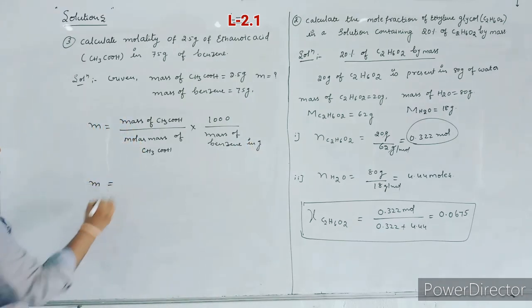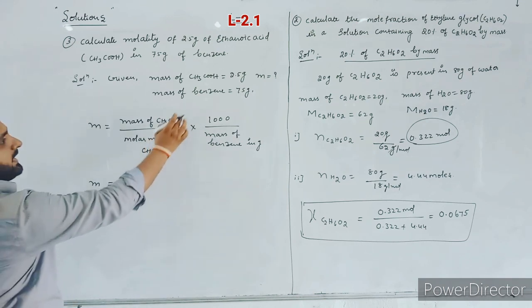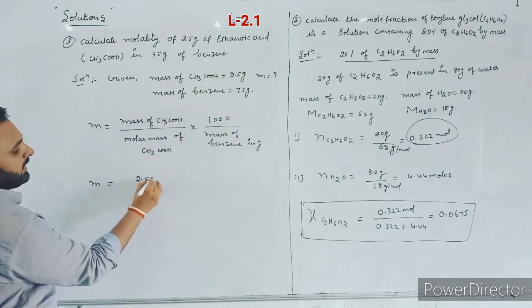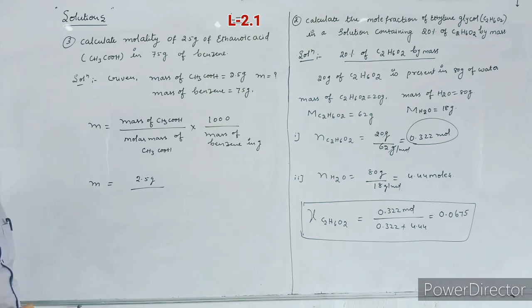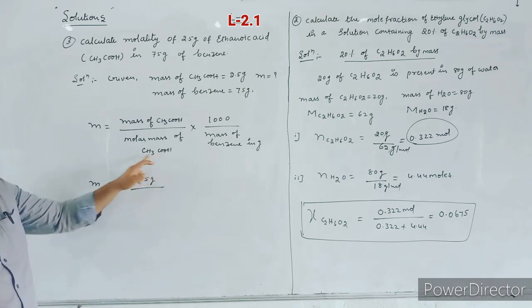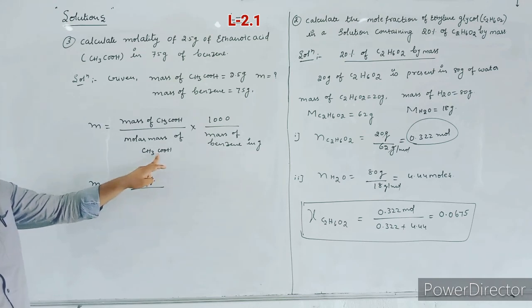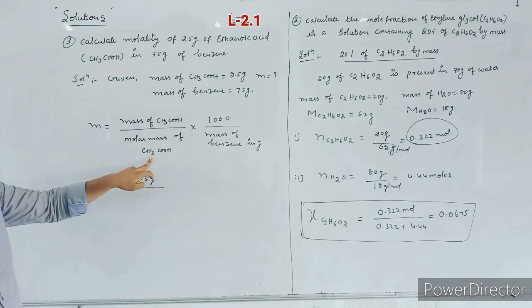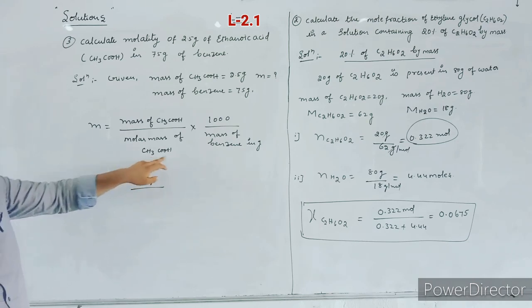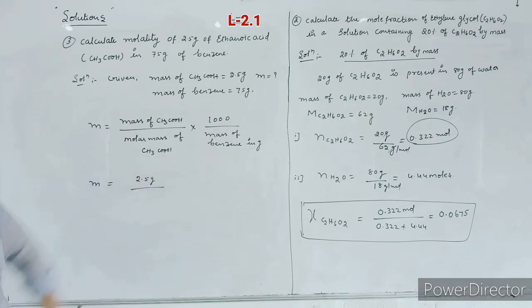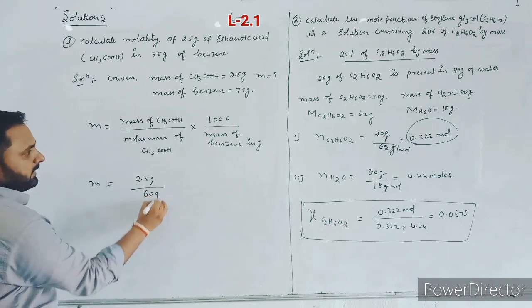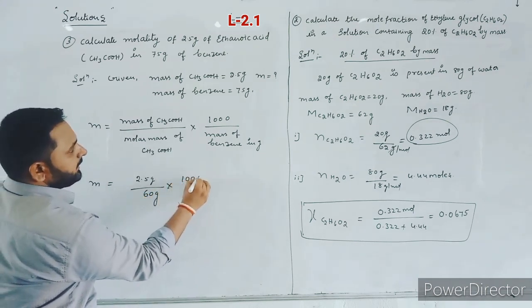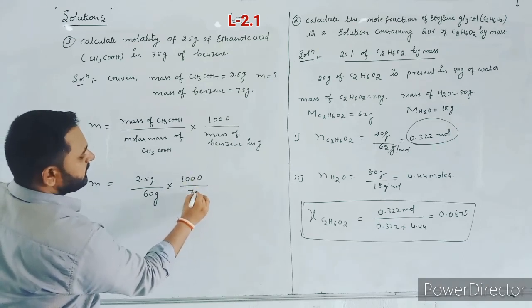Now let us substitute the values. Molality is equal to the mass of acetic acid, 2.5 grams, divided by the molar mass of acetic acid. Here, how many carbons are there? Total 2 carbons. 2 means 12 plus 12, 24. 24 plus 3, 27, plus 1, 28. 28 plus 32, you will get 60 grams, into 1000 divided by 75 grams.